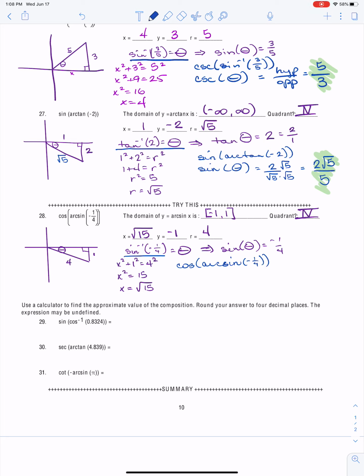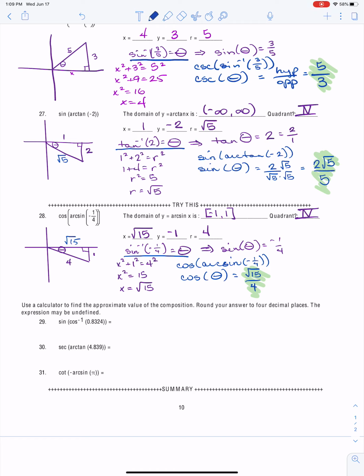We called the arcsine of -1/4 theta, so we're looking for the cosine of theta, which is, I guess I should have labeled this side, adjacent over hypotenuse. We get square root of 15 over 4. And that one's done.